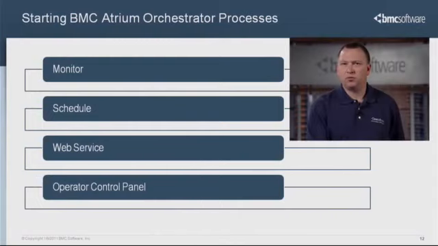Finally, these processes need to be started somehow, and BMC Atrium Orchestrator provides a number of mechanisms for us to start these processes. They can be started through a monitor, which is watching for activities in the environment, such as an SNMP listener that responds to an SNMP trap, or a response to an AR System alert.